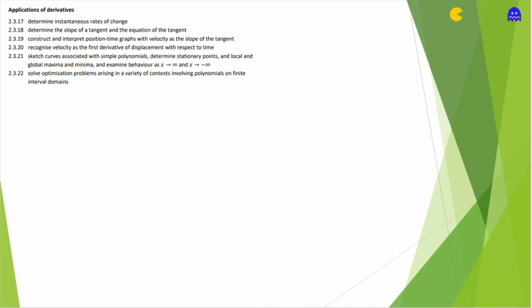I'll touch on it briefly. But what it deals with is second order differentiation, that is differentiating your first derivative. So if I differentiate displacement, I get velocity, and if I differentiate again, that is my second order differentiation, I can get to acceleration. And I'll show you how we can sort of get velocity from displacement or speed from distance through differentiation.